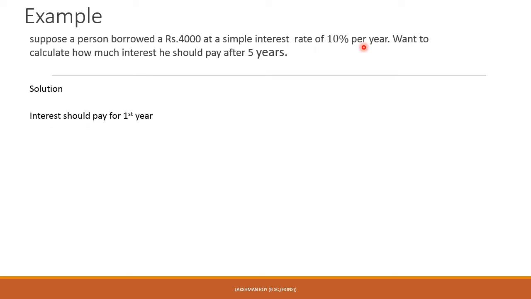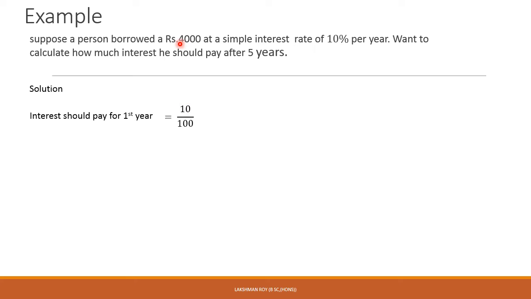First we have to find the interest for the first year. How much interest you have to pay for the first year. So here, be careful, the interest rate is 10% per year. That means for a 100 rupees loan, you have to pay 10 rupees interest.